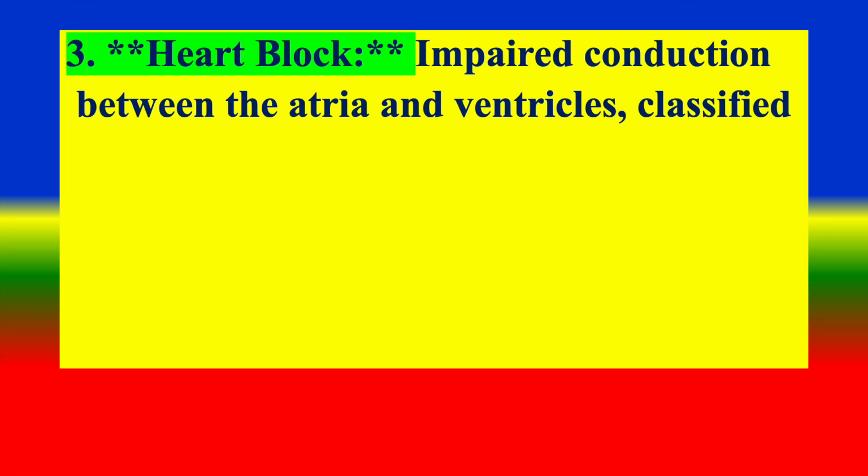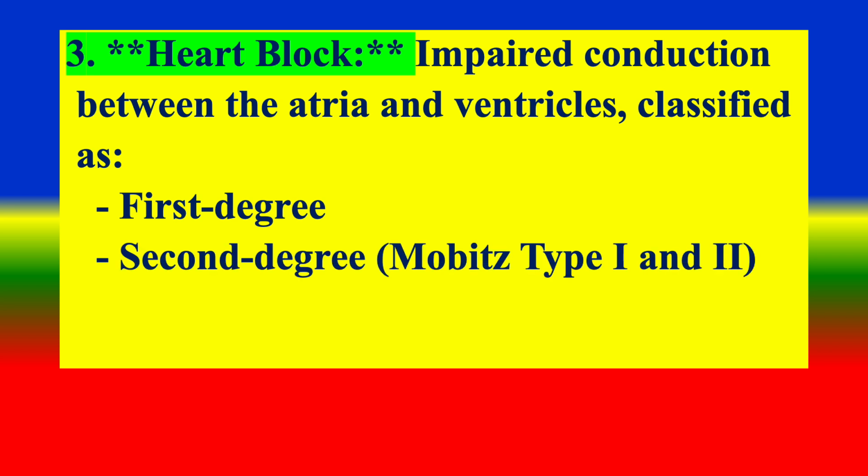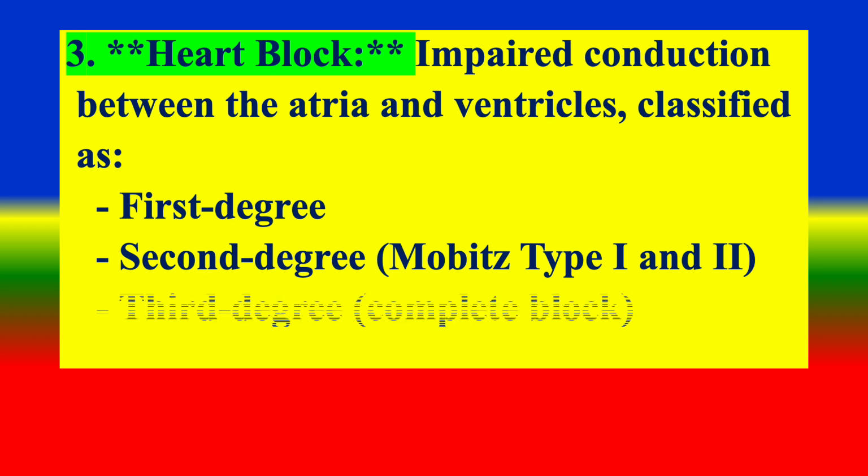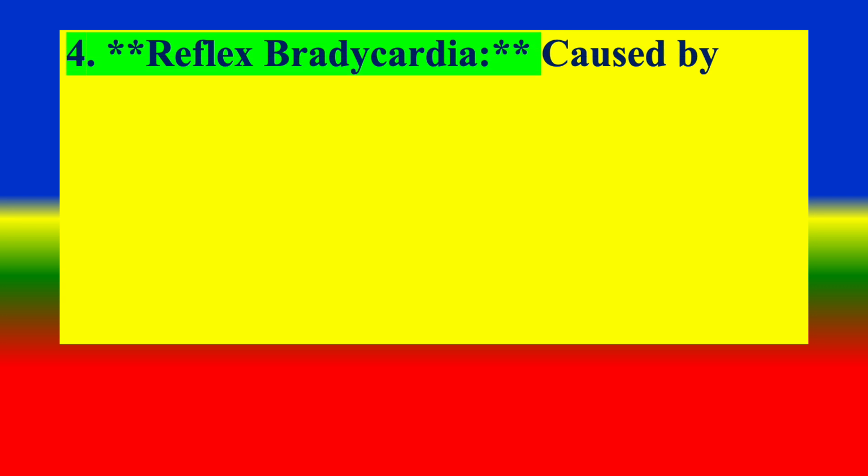3. Heart block, impaired conduction between the atria and ventricles, classified as first degree, second degree, type 1 and type 2, third degree, complete block. 4.